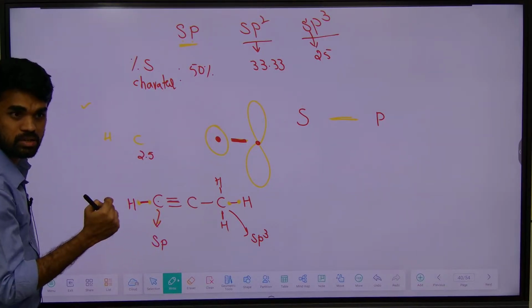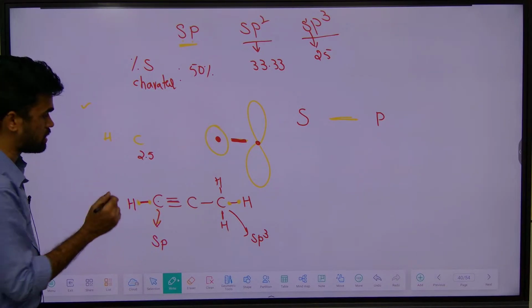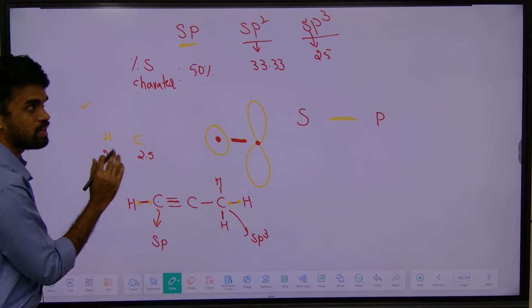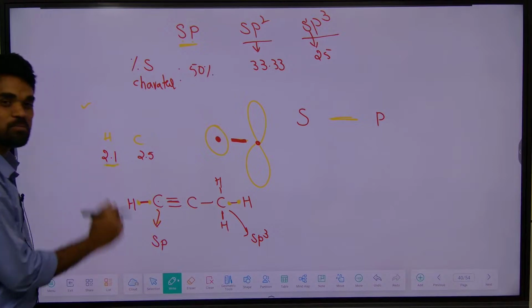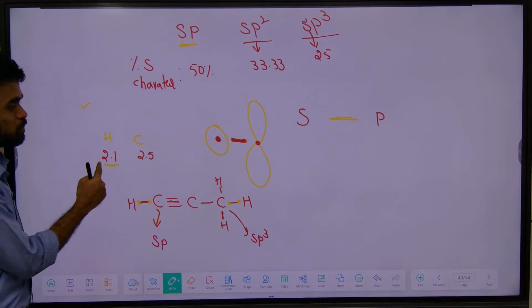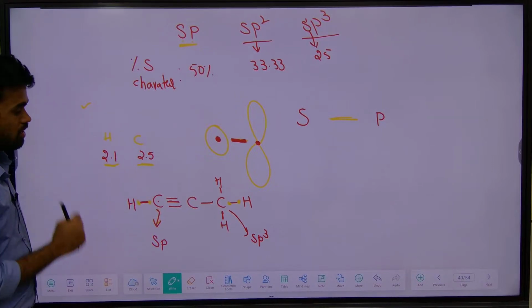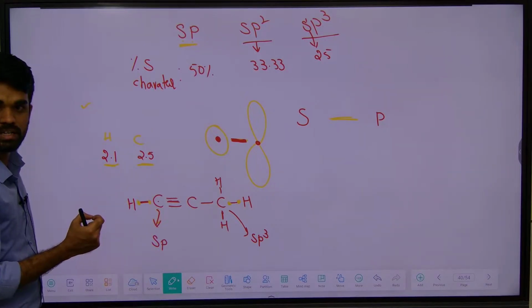Last class I gave the table; if you want you can check. Carbon is 2.5 and hydrogen is 2.1, so carbon has slightly more electronegativity.